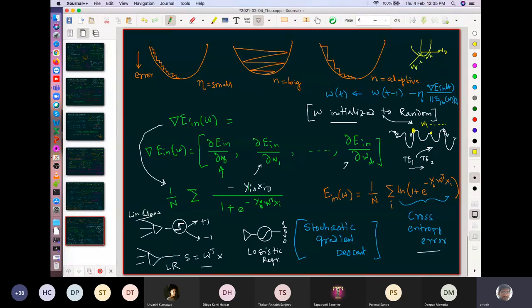If you start here, you will descend this side. You can see the choice of W0 and W1 matters in the position where you are starting. That can be randomly chosen. The randomness of the training examples will only give you better solutions in terms of the number of steps to converge. That's it. The randomness will not come by shuffling the training examples. Okay, sir, clear.